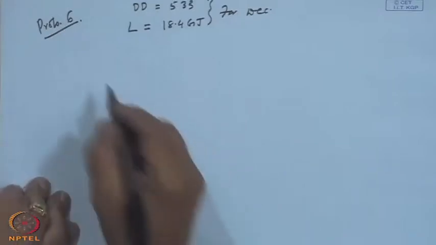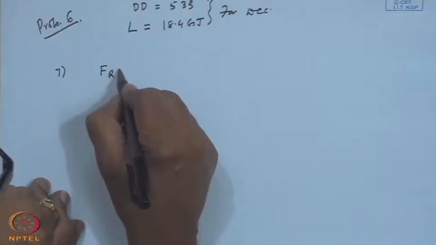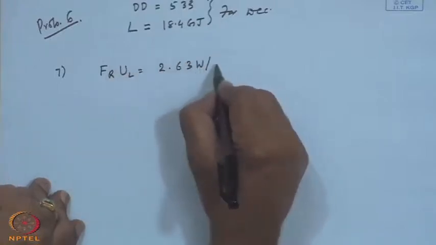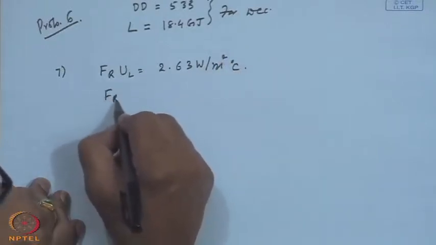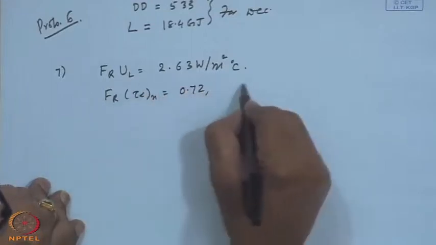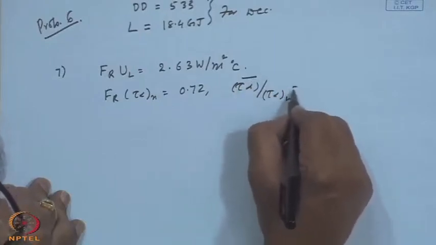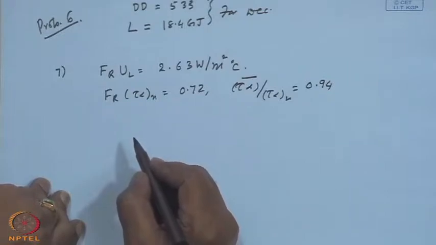So, 7, the collector properties are FR UL is 2.63 watts per meter square degree C. FR tau alpha normal is 0.72 with tau alpha bar upon tau alpha n 0.94, calculated by the detailed method we have described in the earlier problem while dealing with phi bar of chart method.